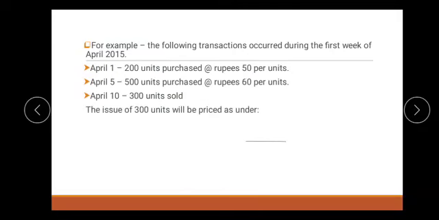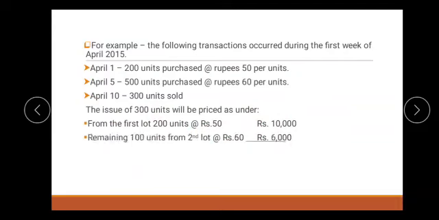The issue of 300 units will be priced as under. From the first lot, 200 units at rupees 50, total rupees 10,000. Remaining 100 units from the second lot at rupees 60, total 6,000 rupees. 10,000 plus 6,000 is equal to 16,000 rupees.